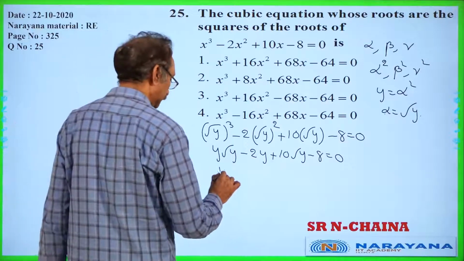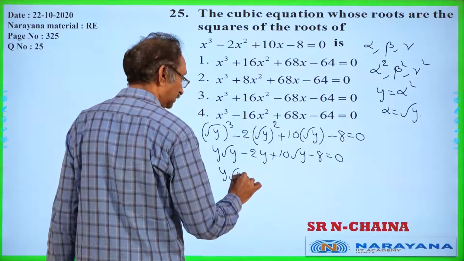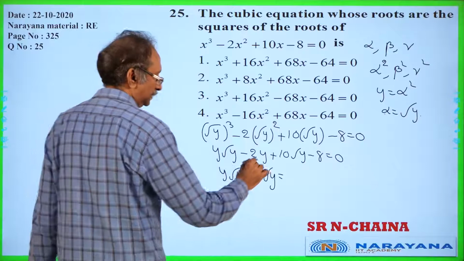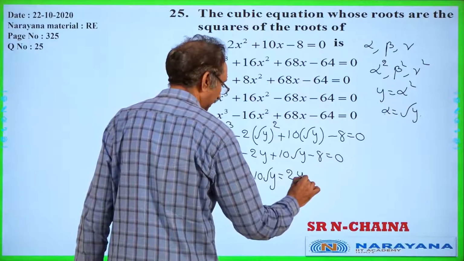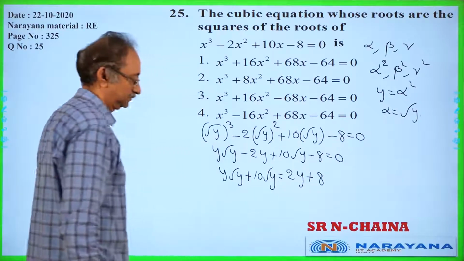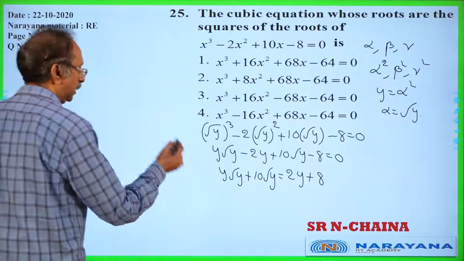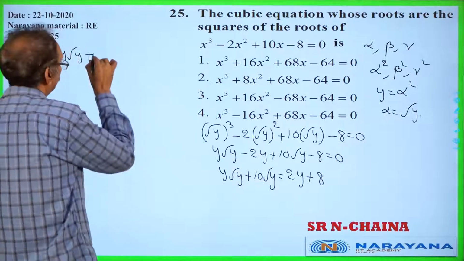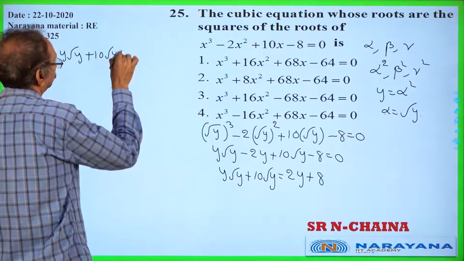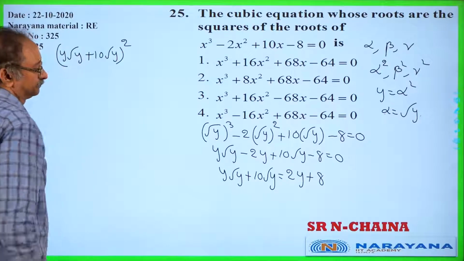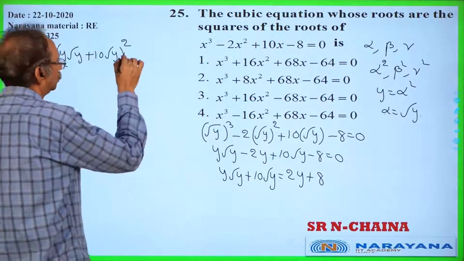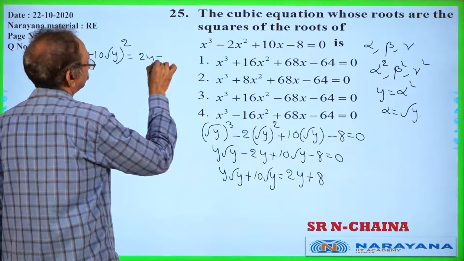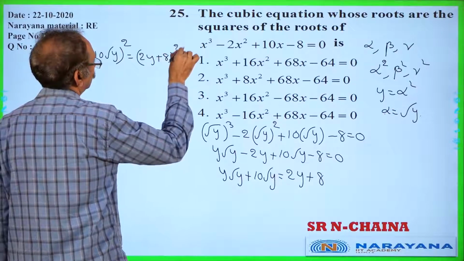So, I will do one thing. I will keep terms containing square roots in the left hand side only. I will take these two terms to the right hand side, that is 2y plus 8. And in the next step, squaring on both sides, that is y root y plus 10 root y whole square is equal to 2y plus 8 whole square.